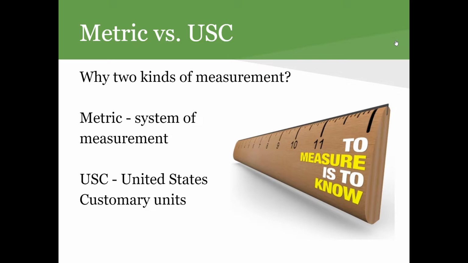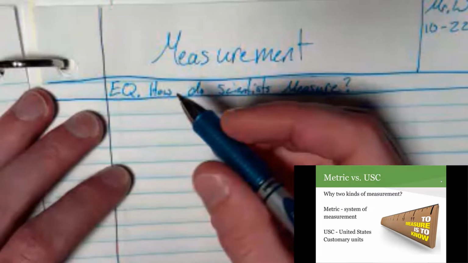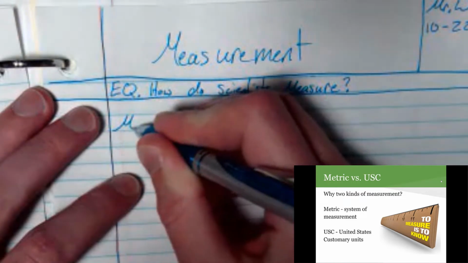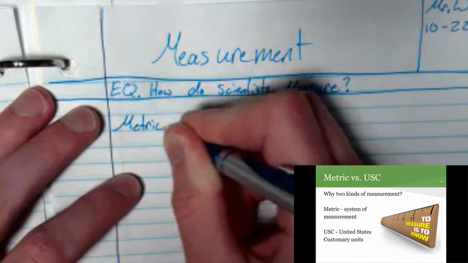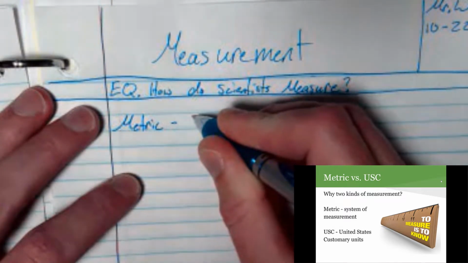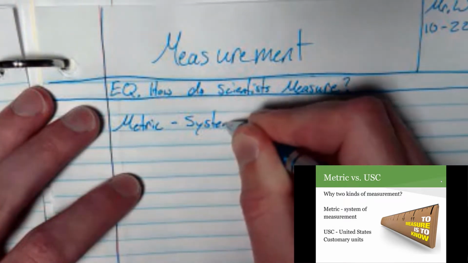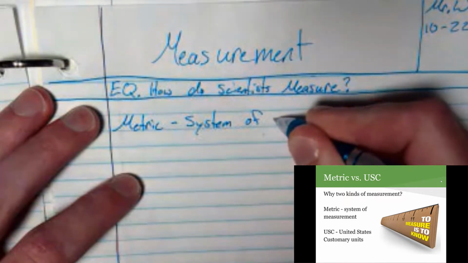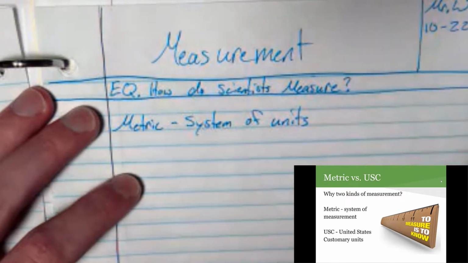It's not common, obviously. Everyone else is using the same system, and we'll talk about why that's important later, but let's write down these first. So we have metric, and that is what we're going to call a system of units. So it's the metric system.